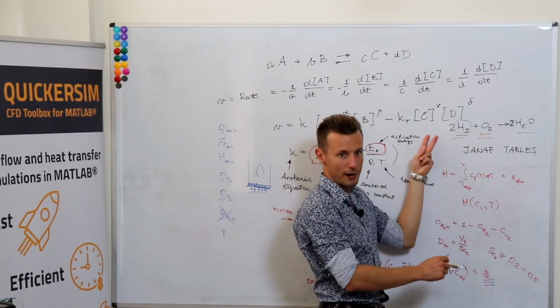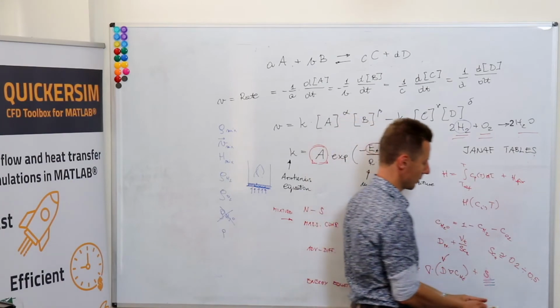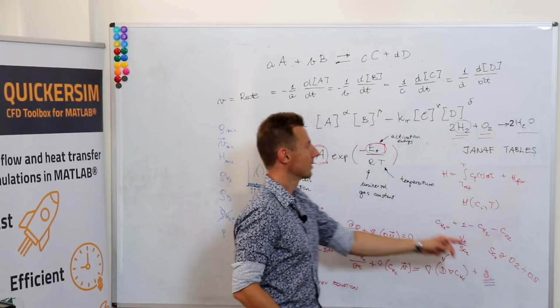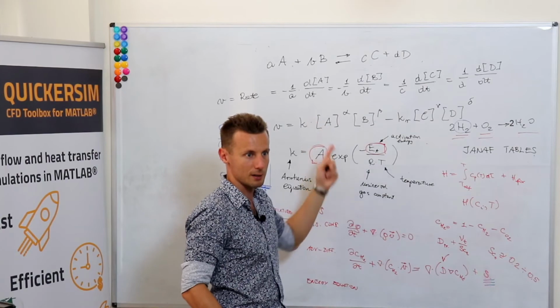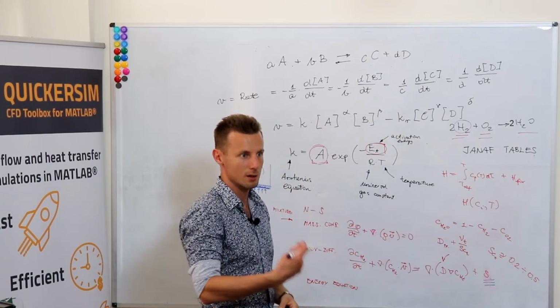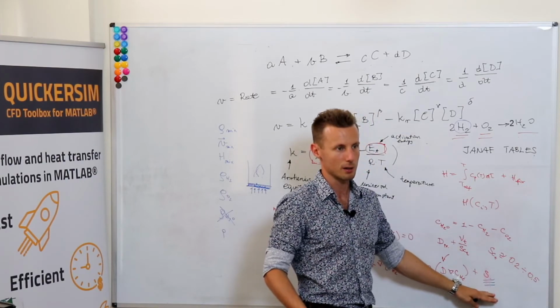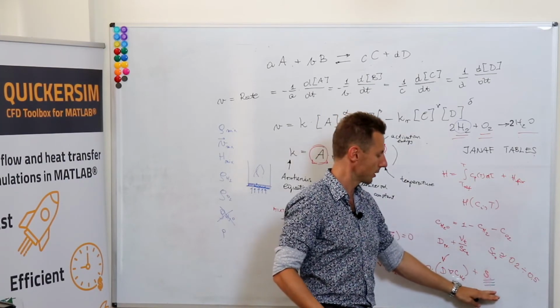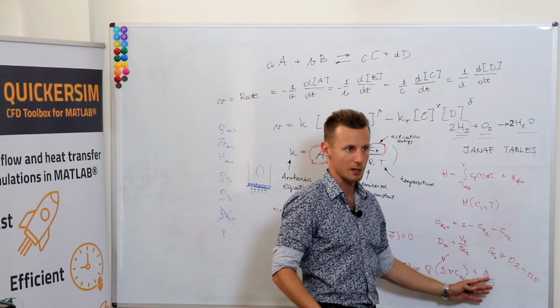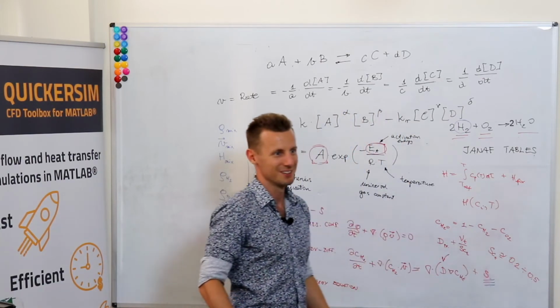If you've got two more reactions, maybe somewhere it's produced, then you would have plus the chemical reaction rate of the other reaction, etc. So the source term might not be very complex in concept, but it might be a long one.